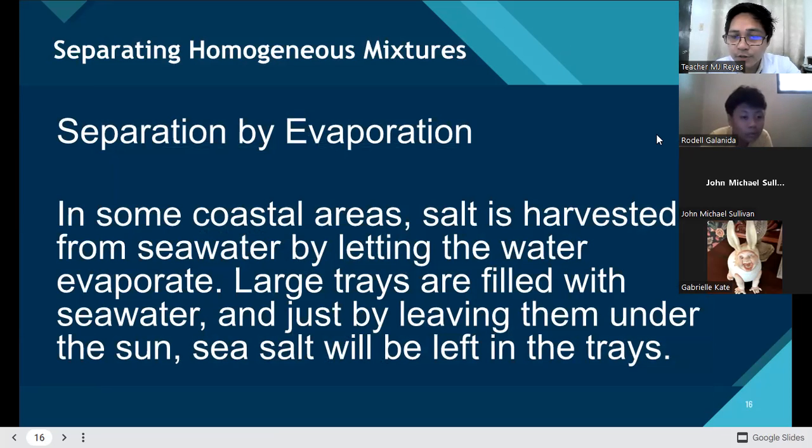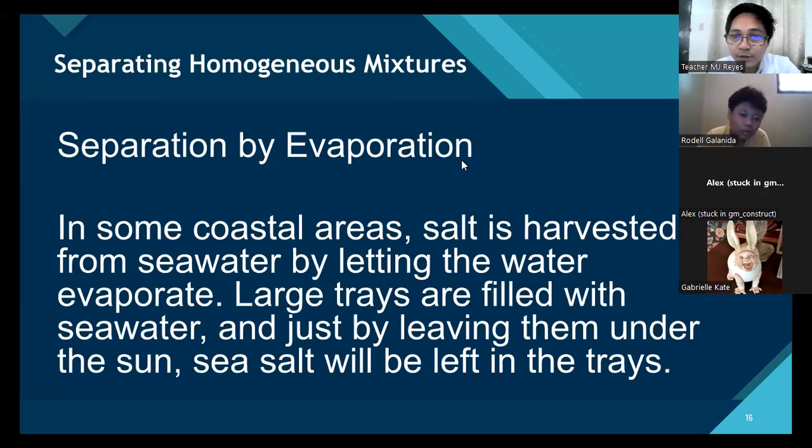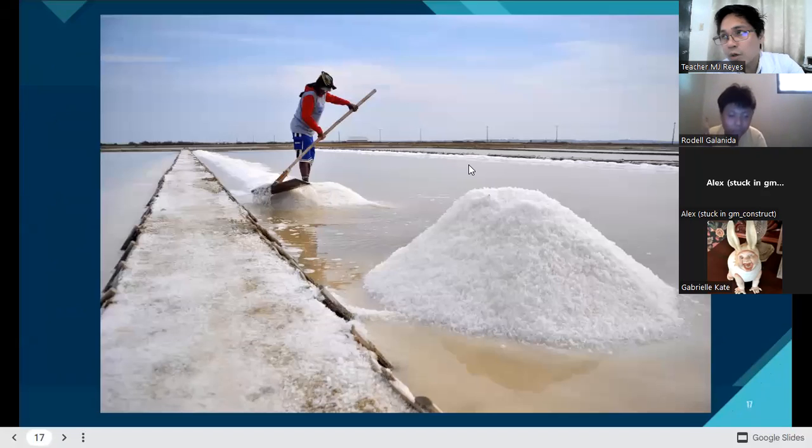Any other question? Oh, okay, I was going to ask how they separate the salt, but it's already in front of the screen. Again, we separate water and salt by evaporation method.